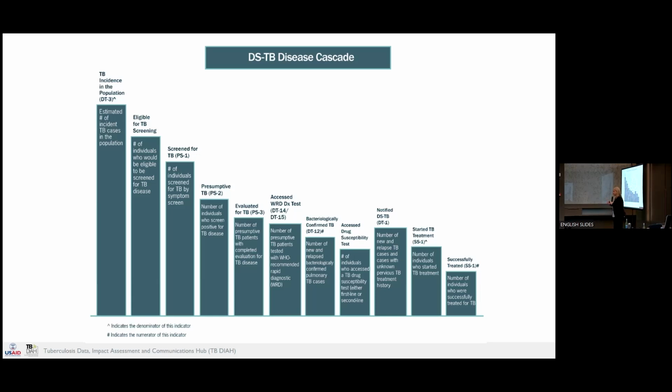When the patient does not believe and there are some lawsuits for treatment, these are cases just clinically confirmed, not bacteriologically. And then we have started treatment and successful treatment. So it's very good because we can reveal several problems at once.